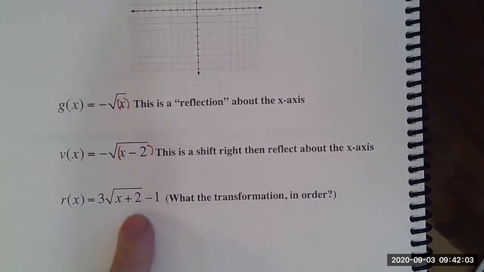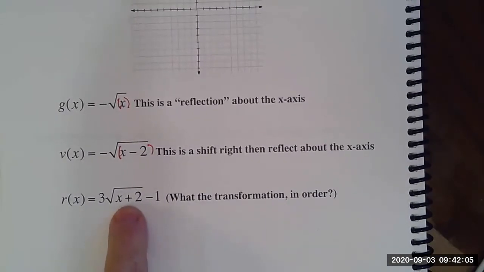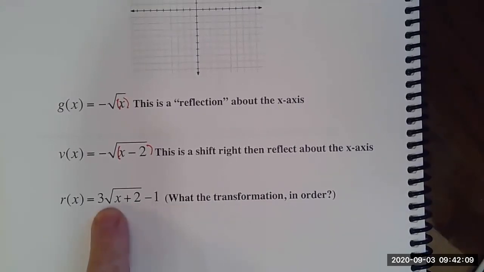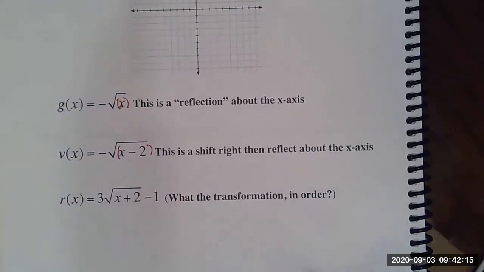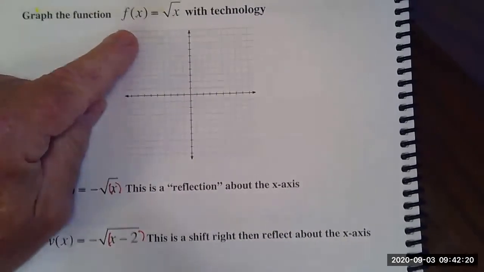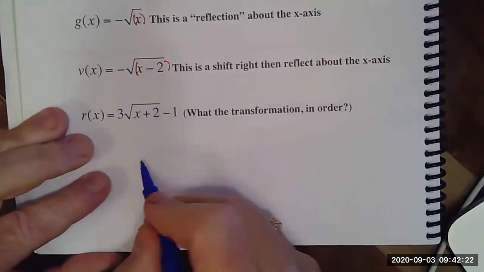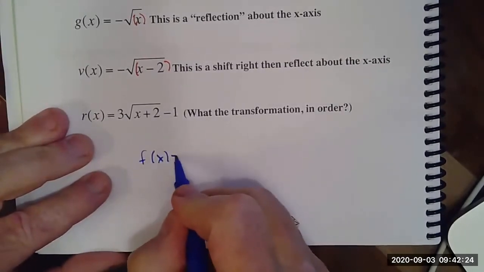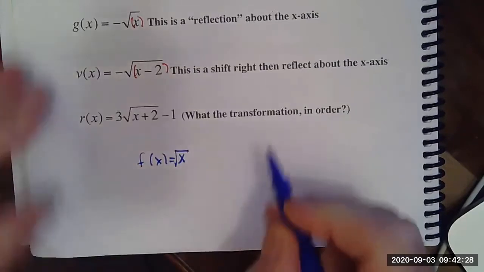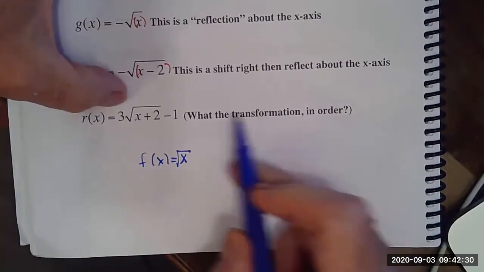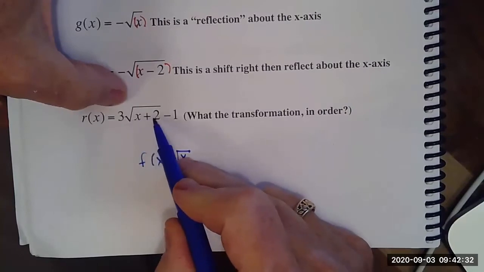And here there's three things going on. Okay, so inside is always first, outside is always last. So what the heck is that 3 doing? You can think of it this way. Here's the original up here, f of x equals square root of x, and let's say all I have is not the 2 and the -1.